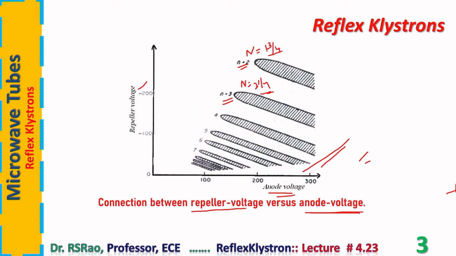To set 1 3/4 mode requires more anode voltage than the mode 2 3/4. Some more points which we can know from this graph are given in due course of time in the present session.